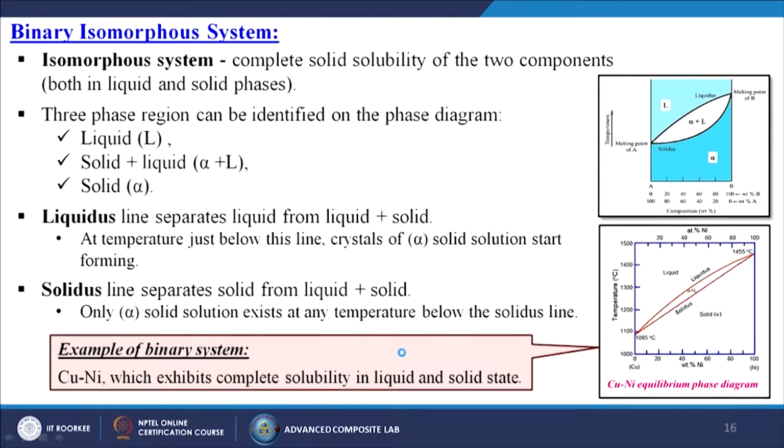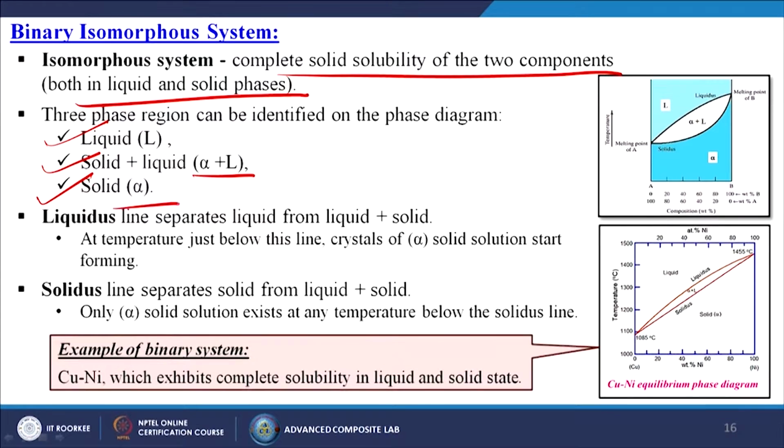Now, we are going to discuss the binary isomorphous system. In isomorphous systems, there is complete solid solubility of the two components in both the liquid and the solid phases. Three phase regions can be identified on the phase diagram: the liquid, the solid plus liquid, that is alpha plus L, and the solid, that is alpha.